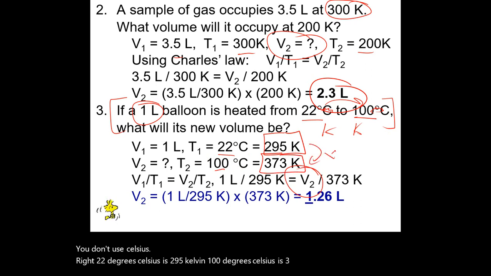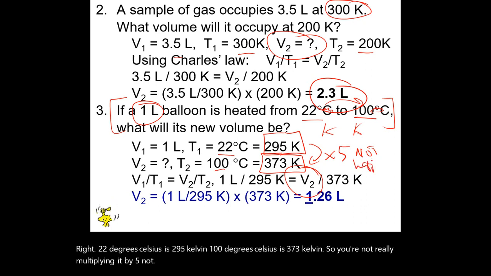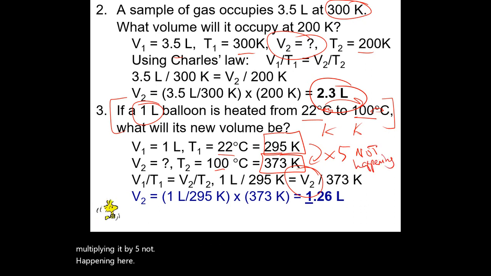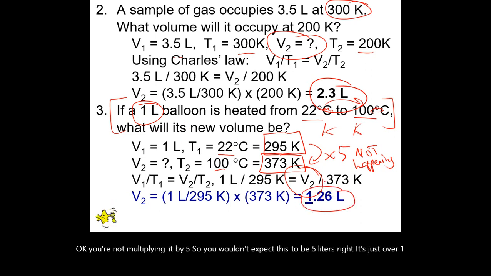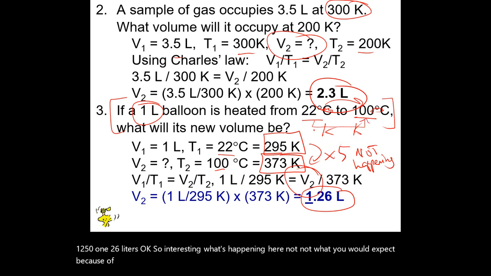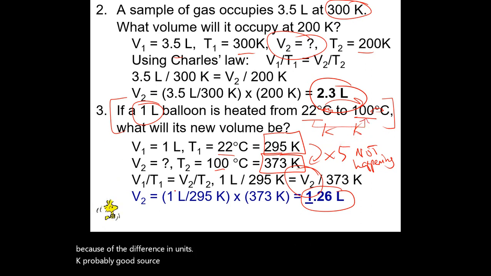So you're not really multiplying it by 5, so you wouldn't expect this to be 5 liters. It's just over 1.25, so 1.26 liters. Interesting what's happening here. Not what you would expect because of the difference in units. Probably a good source for a communication question. I have to remember that one.